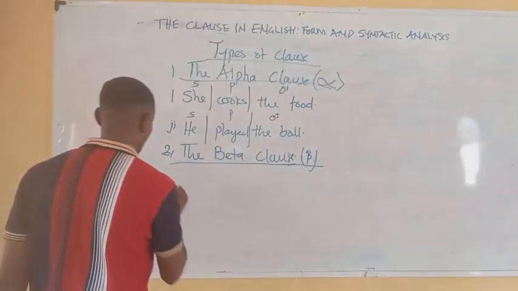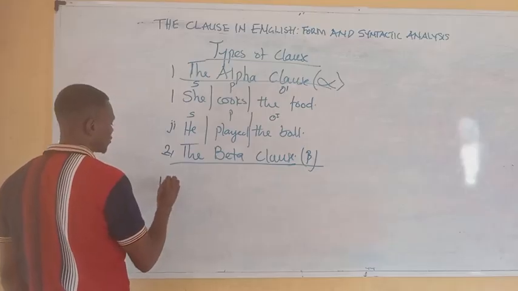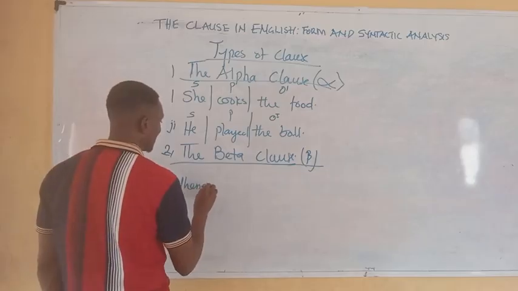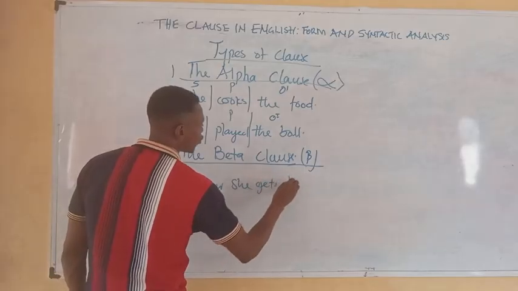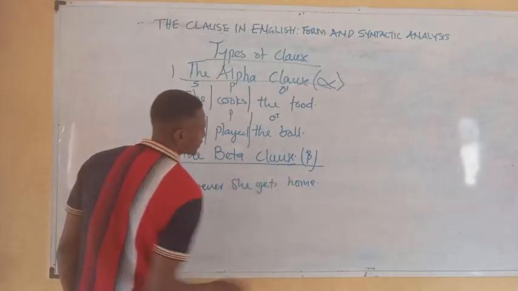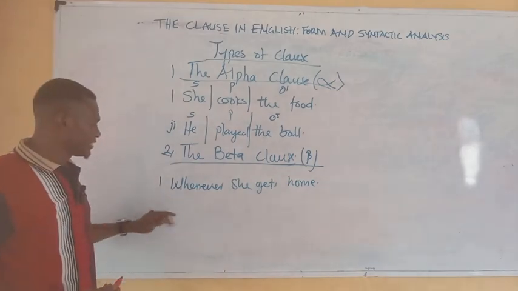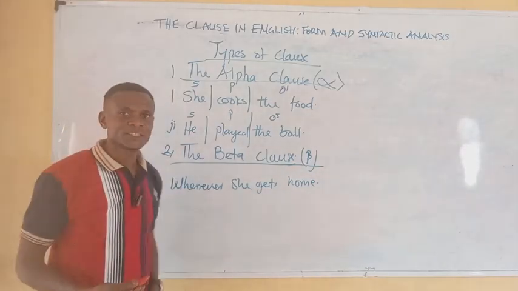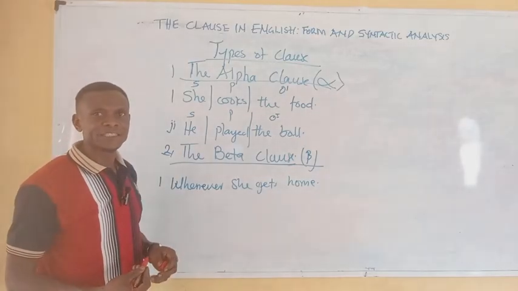Example of a beta clause. Number one: whenever she gets home. If a statement is made as in, whenever she gets home, without furtherance, the statement is yet to be completed.